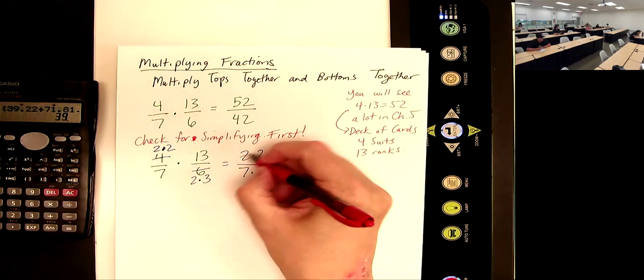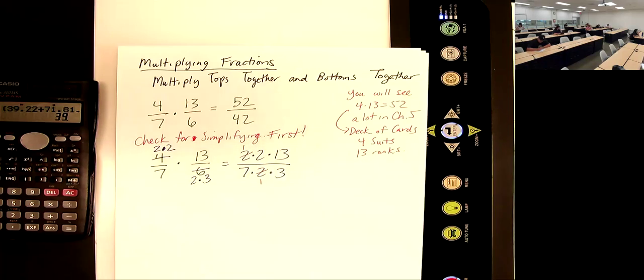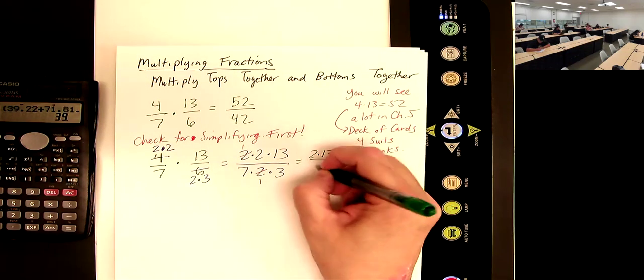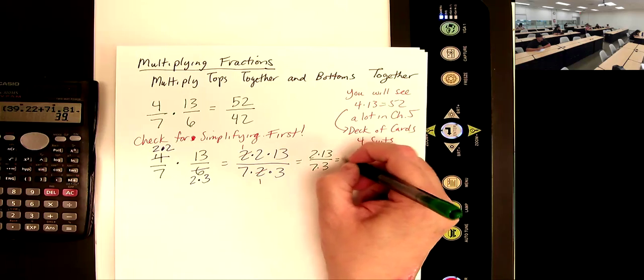There's a 2 on top and a 2 on bottom, we can cancel them out and replace them with ones.